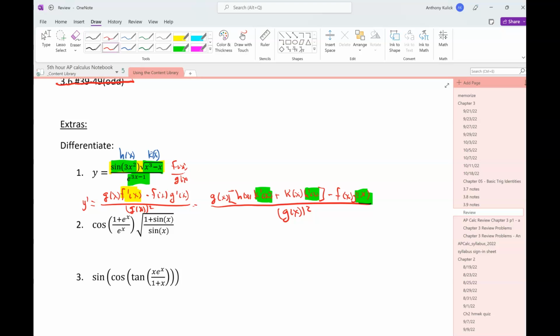Okay, so if I call this one f, that's g, that's h, and then that's k. Everybody's okay with that?